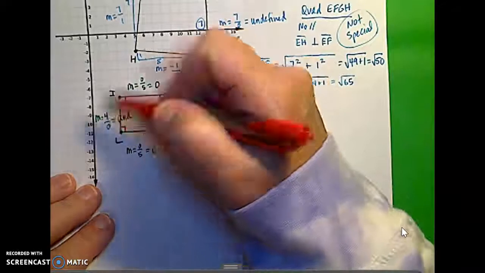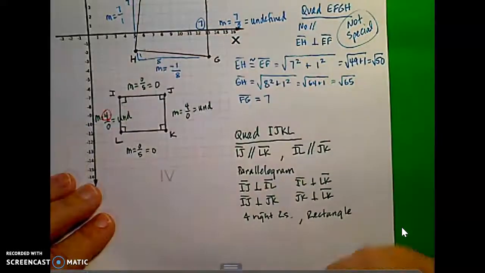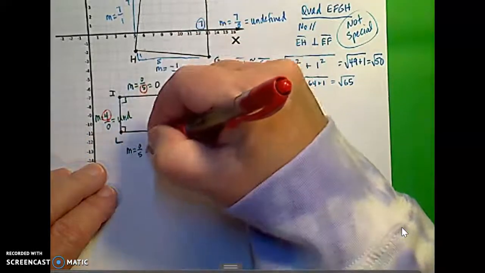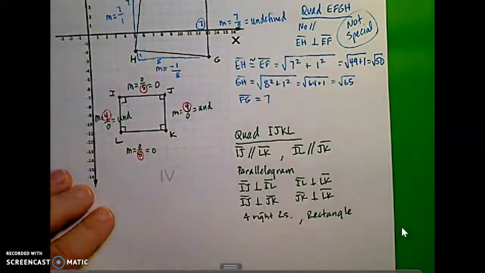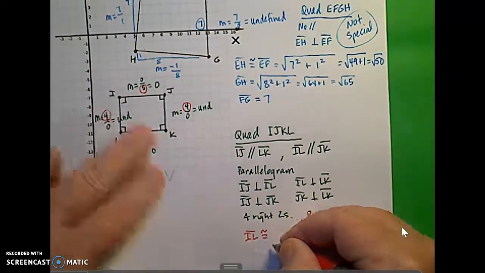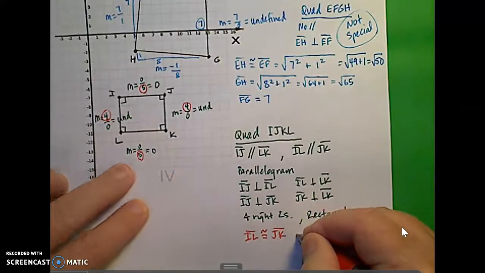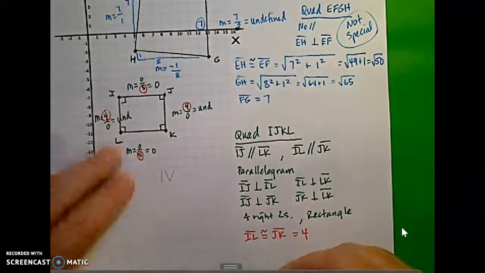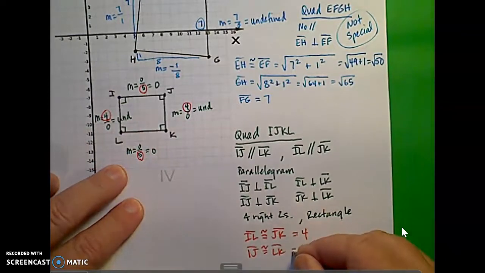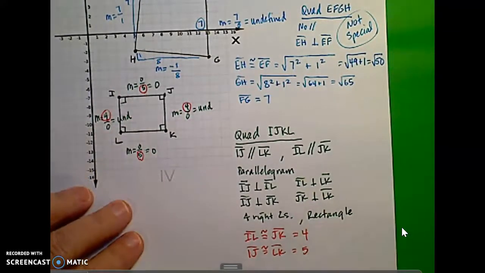So this, we can actually already see from our slope work, these two sides are equal to 4. These two sides are equal to 5. So IL is congruent to JK, and it's equal to 4. IJ is congruent to LK, and its length is equal to 5.